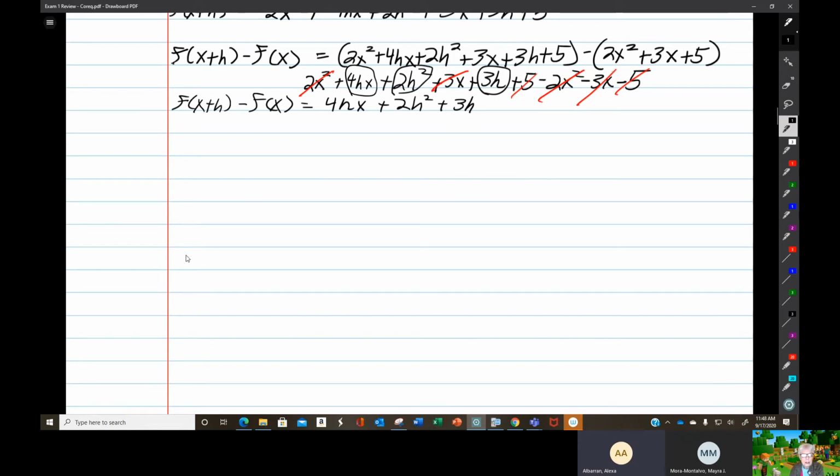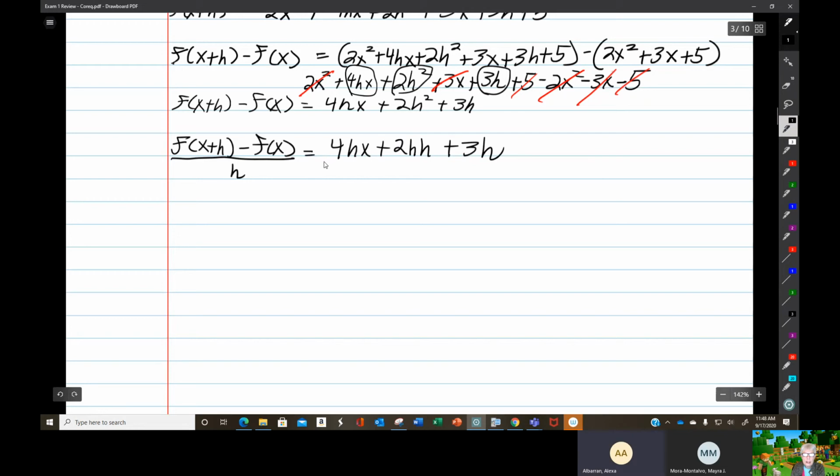Okay. And now finally, we're going to find f of x plus h minus f of x over h. And that'll be 4hx plus 2, I'm going to say h times h plus 3h. And I could, well, I just prefer to go ahead and jump to this step right here.